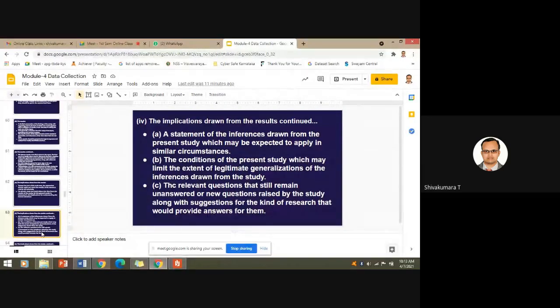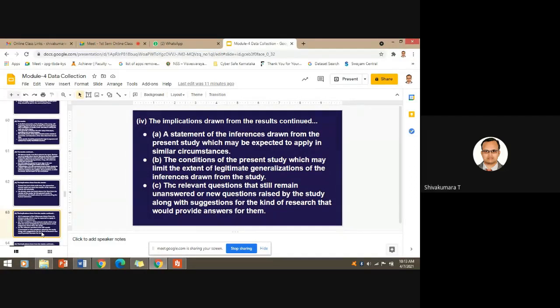In the same city, with different sampling, you are trying to generalize your work. If you apply these kinds of solutions to those junctions, it may reduce the traffic congestion, and so on.